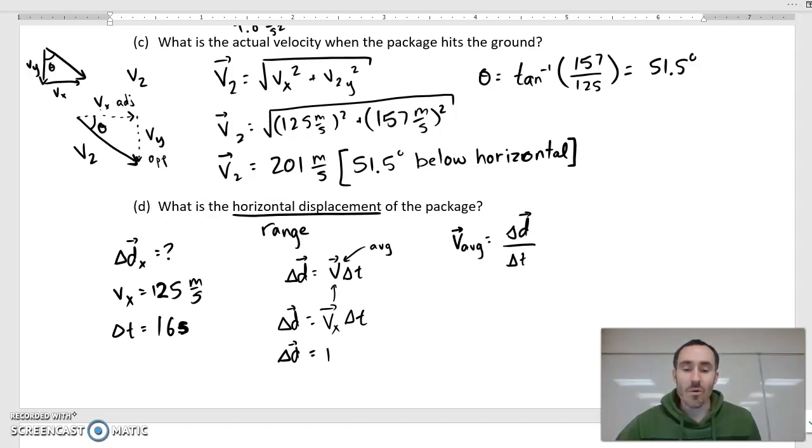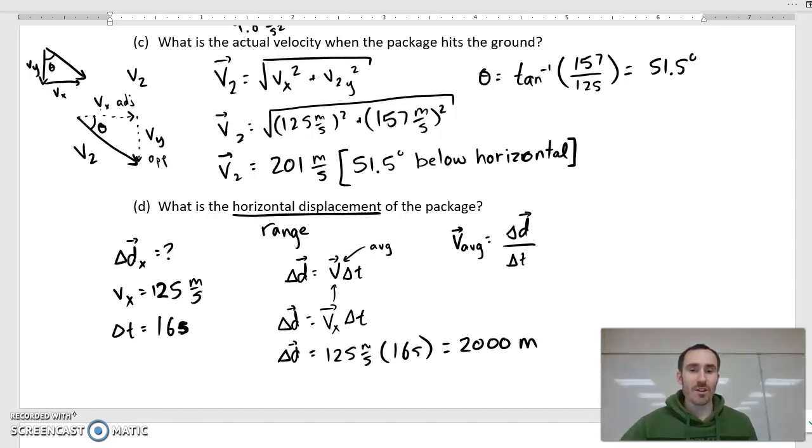We're just going to go 125 meters per second times 16 seconds. And that is how far it has traveled horizontally, which is 2,000 meters. Now, if you are really wanting to round that to the correct sig figs, that's not the correct sig figs, right?